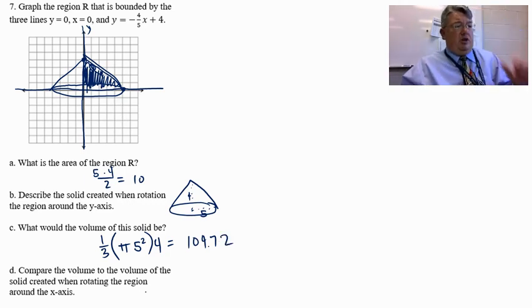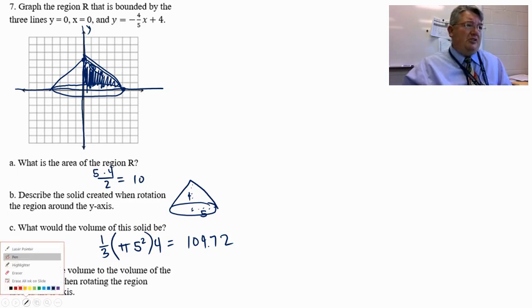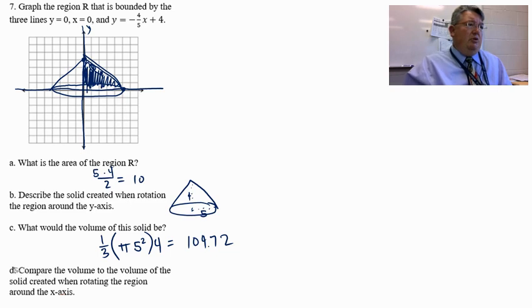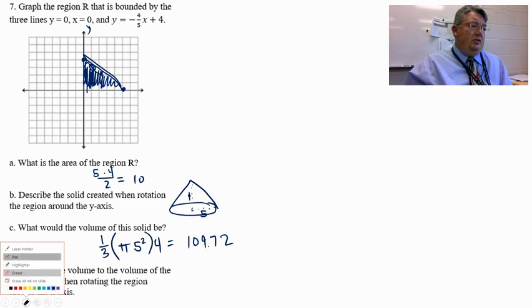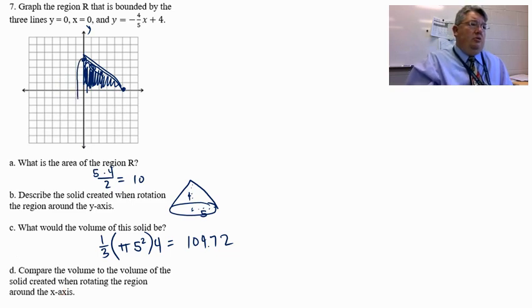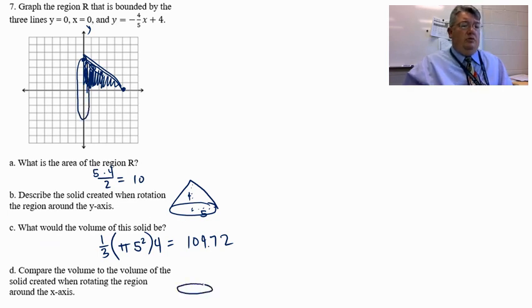It says compare the volume to the volume of the solid created by rotating the region around the x-axis. Well, if I rotate it around the x-axis, let me erase this for a second. That is going to make a cone like this. Here the radius is 4, and the height is 5. So it's going to be 1/3 times pi times the radius, which is 4 squared, times the height, which is 5.